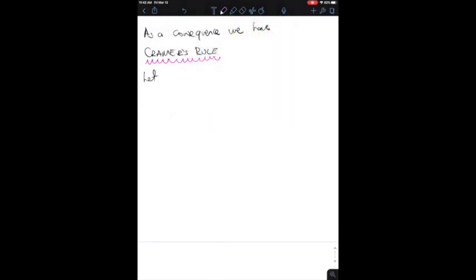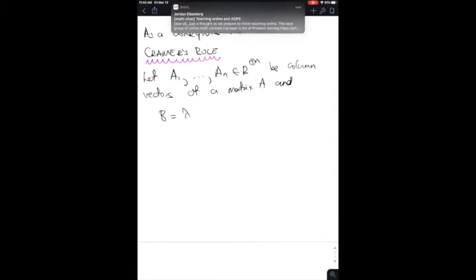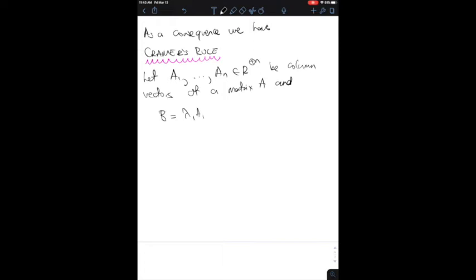Let A1 up to An be column vectors of some matrix A, and let B be some linear combination of the column vectors. So we have some matrix, and then we take some linear combination of the column vectors.